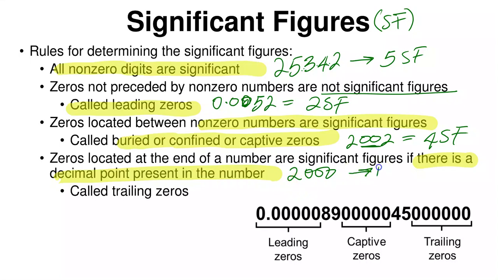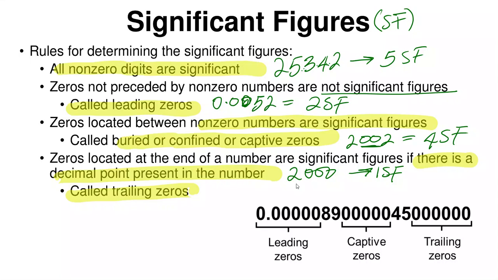So here it is 1 significant figure. But if there is a decimal on it, everything at the back begins to count. That kind of zero is called a trailing zero. So the ones before the decimal will not count, but the ones coming after the decimal are going to count, if a decimal is there.